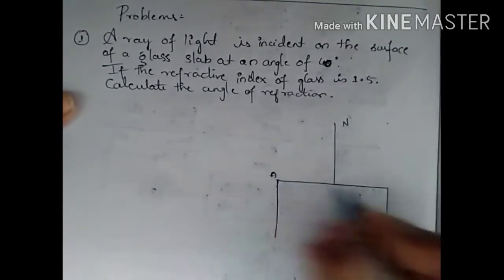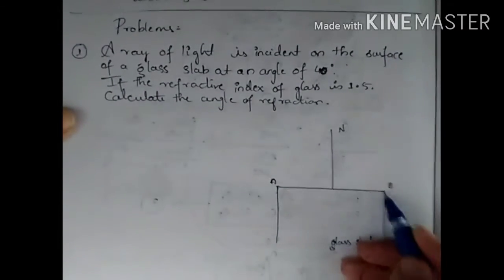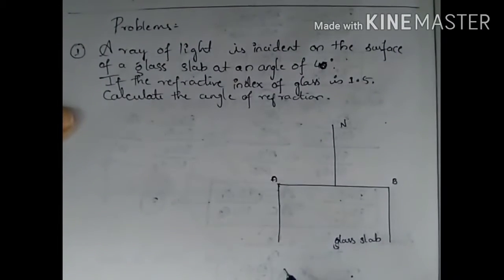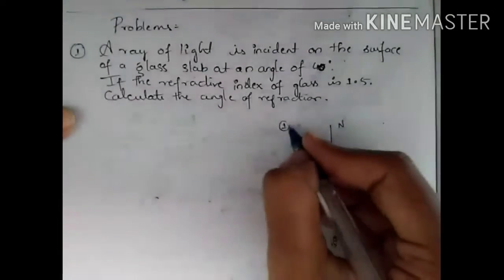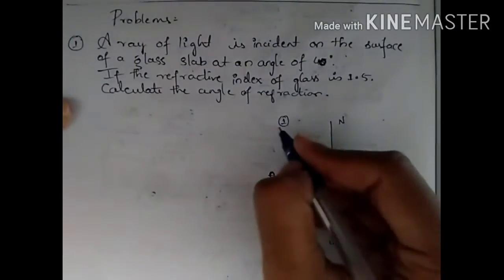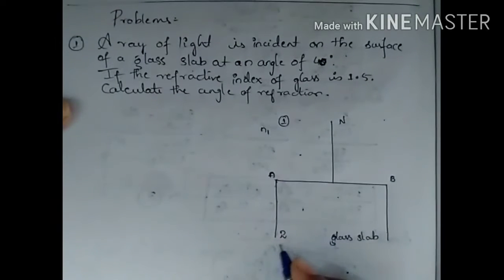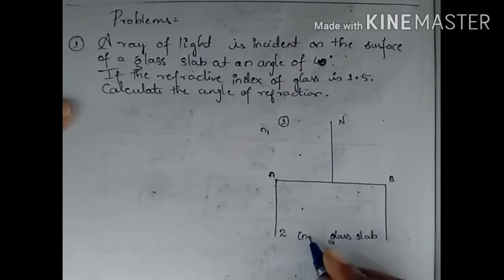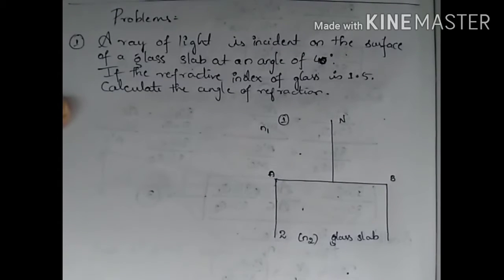Now here AB forms the interface. This interface divides the two media, medium 1 and medium 2. So this will be medium 2 and this will be medium 1. The refractive index of medium 1 will be N1 and the refractive index of medium 2 will be N2. So this is the basic diagram.